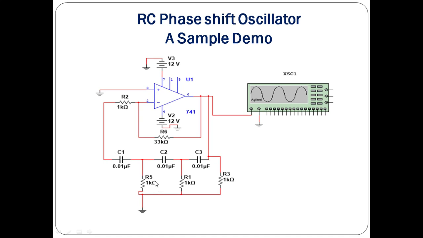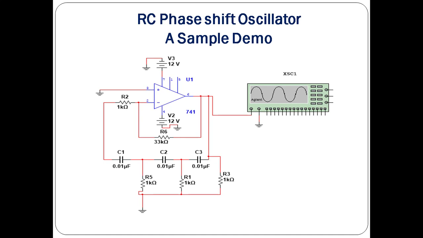One particular pair of RC will be generating a 60-degree phase difference. As a combined effect, this three-stage RC network is able to generate 180-degree phase shift.